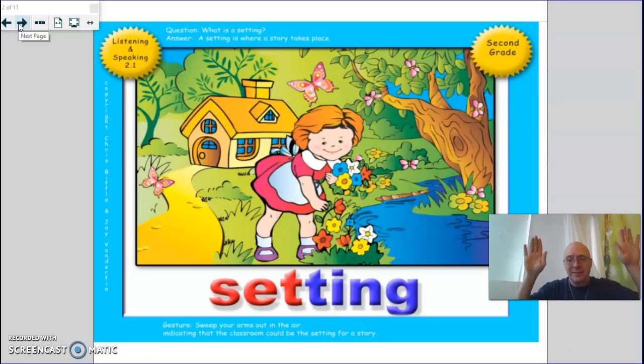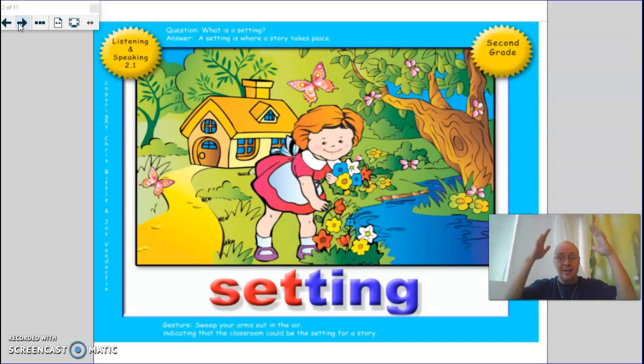Mirror my actions. The setting is where the story takes place. Where the story happens. That's the setting. The setting is where the story happens. Now, today I've got a story for you.